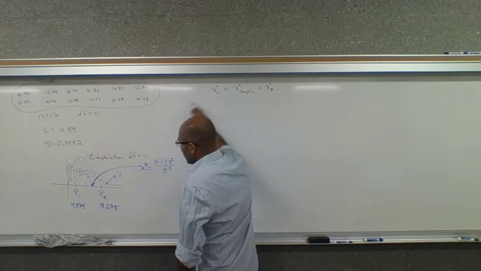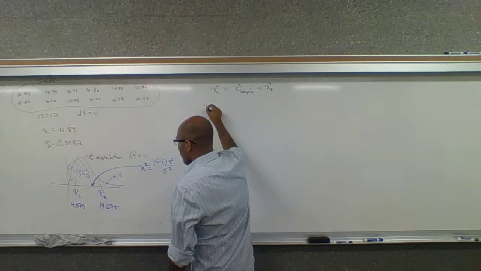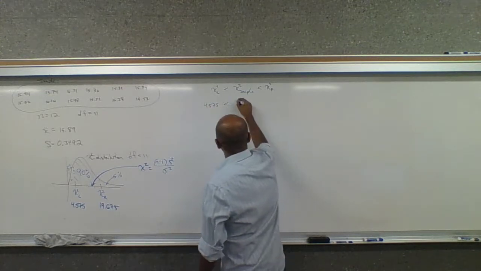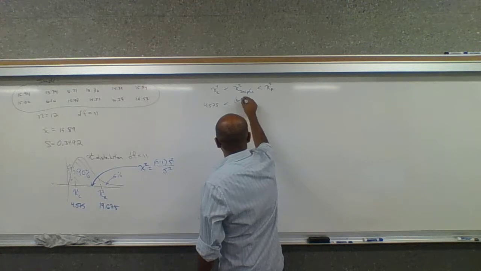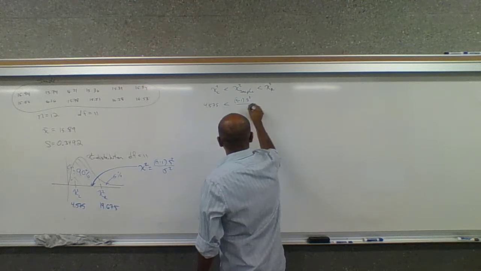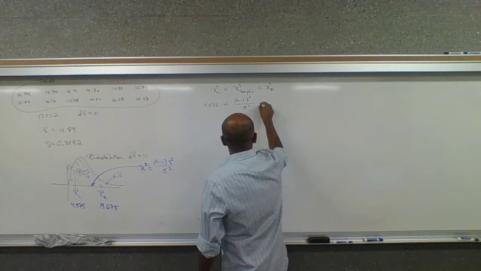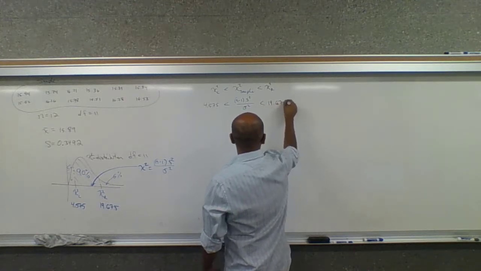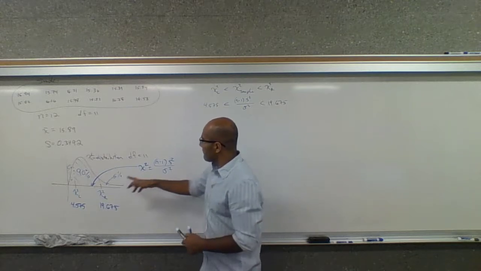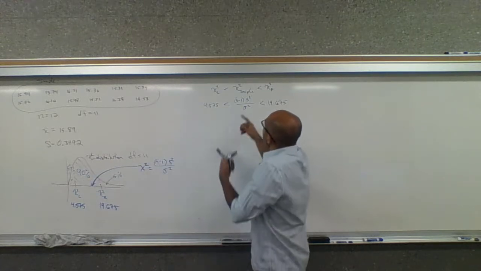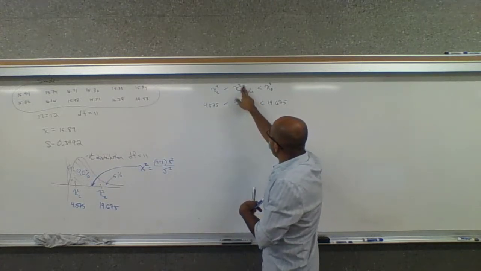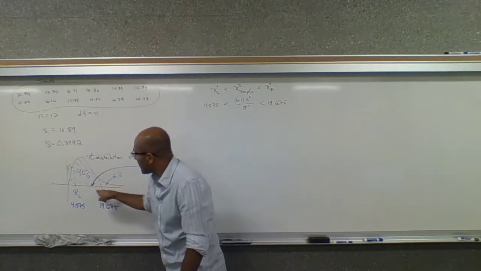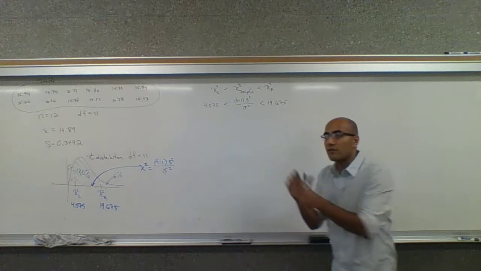And now chi squared left, I'm just going to write it in as 4.575 is less than this formula, which would be n minus 1 times s squared all over sigma squared, less than chi squared right, which is 19.675. There is a 90% chance that if I knew sigma, I would put it into this equation, that the chi squared value would land somewhere inside that region.